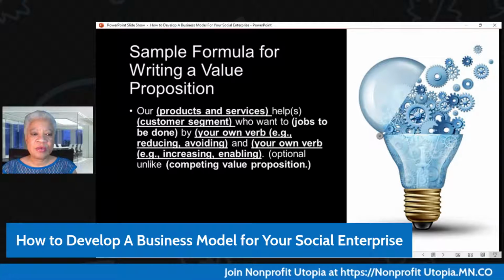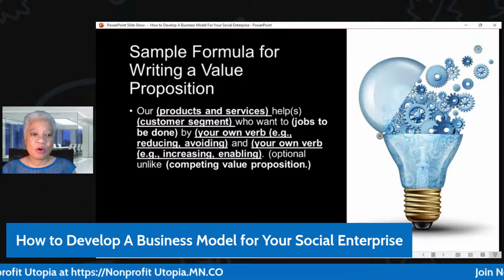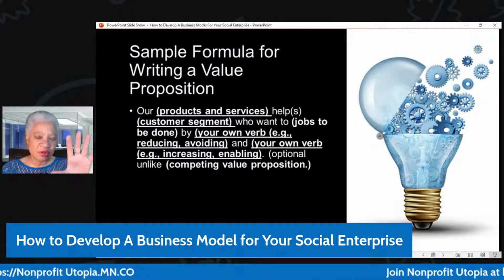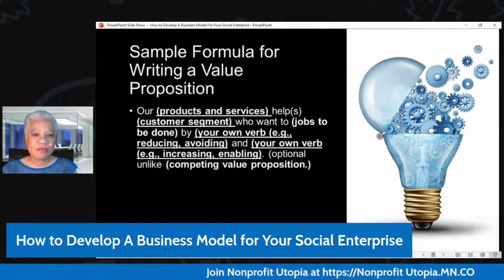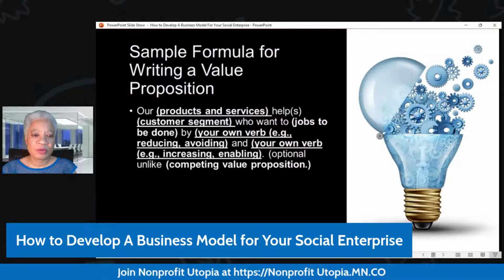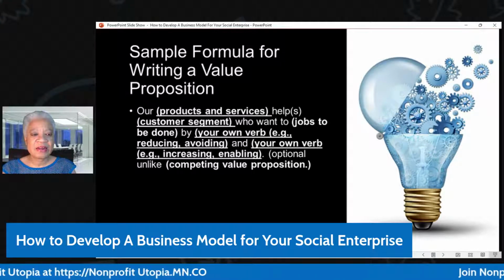All right. And we also talked about a sample formula that you can just literally fill in the blanks to develop your own value proposition after you go through that process of mapping out the client profile and then your services. So you can fill in the blanks here.